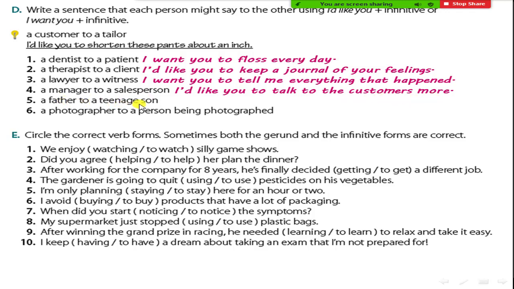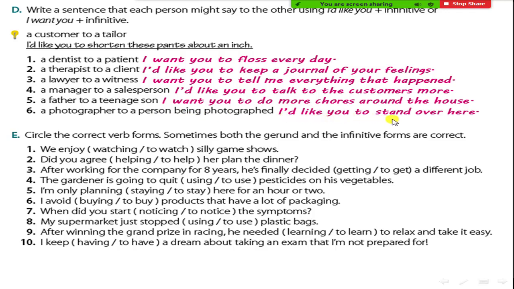A father to a teenager, son, I want you to do more chores around the house. Chores means work or routine works around the house. A photographer to a person being photographed, I'd like you to stand over here.